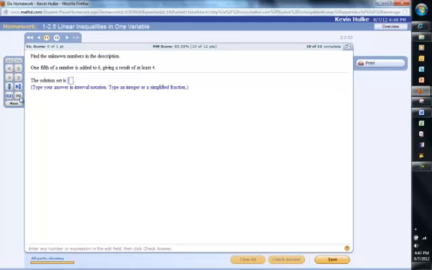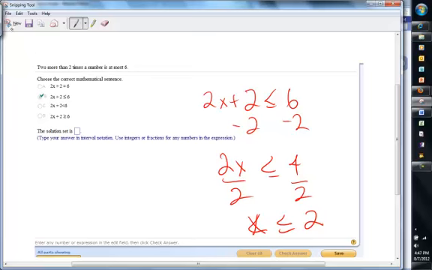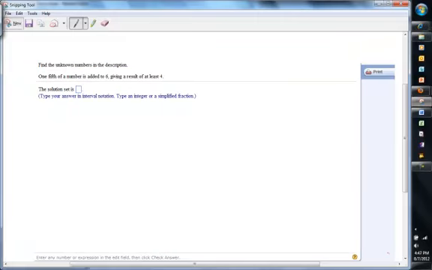Number 11. Find the unknown numbers in the description. So this is kind of a word problem, basically. 1/5 of a number, let's call it n, is added to 6.